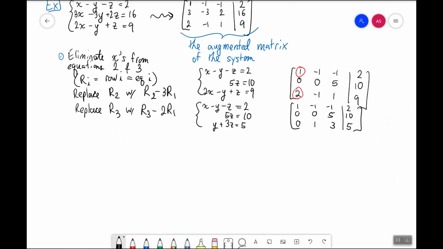The next thing I'm going to do, and I'm going to call it part 2, is to exchange row 2 and row 3, so that we can get into triangular form.